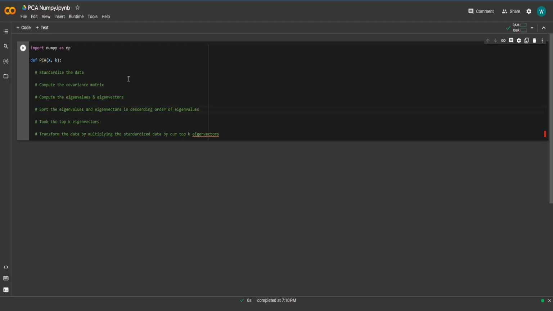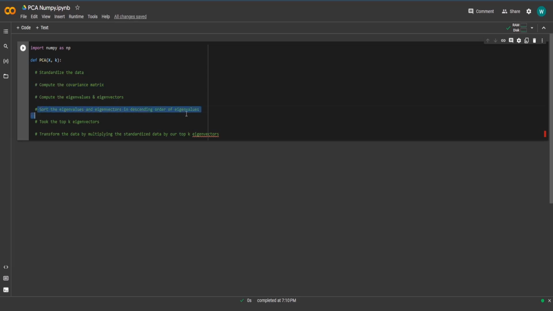Okay, let's get on with the coding portion. One of the things we're going to do is import the NumPy library and define a PCA function. PCA is going to take in X, our data, and K, which is the number of principal components that we will specify. I also made an outline over here of our steps from what we did when calculating it by hand. We standardized the data, computed the covariance matrix, and using the covariance matrix, computed the eigenvalues and eigenvectors.